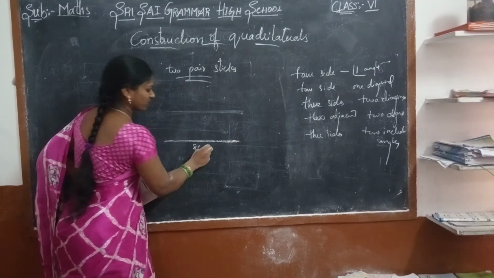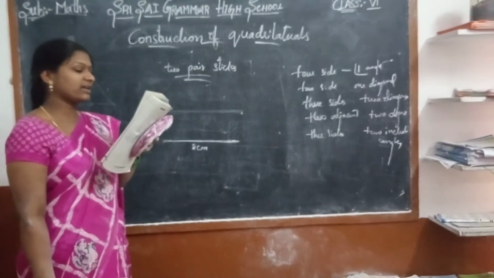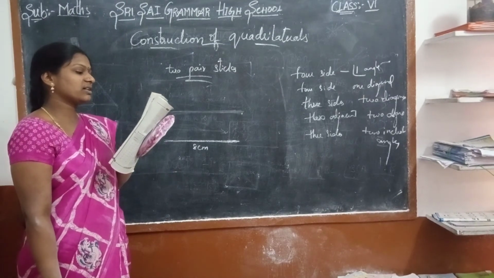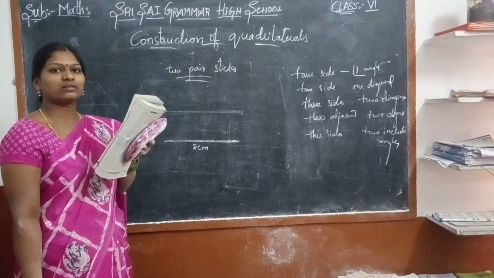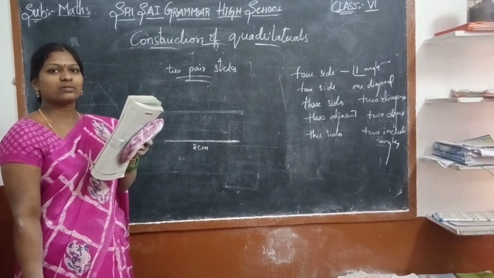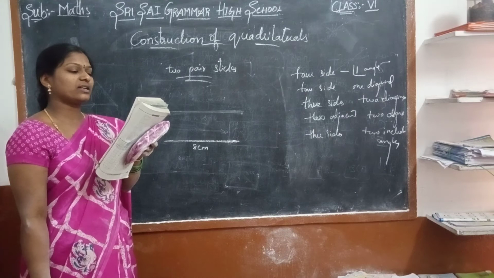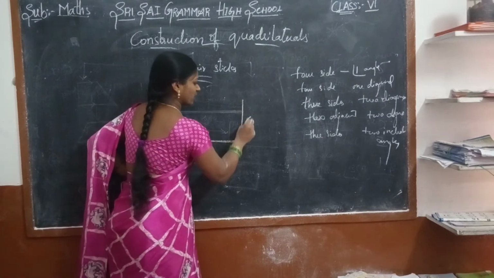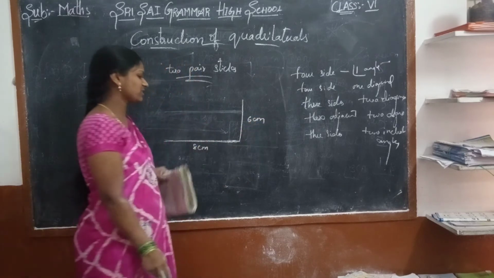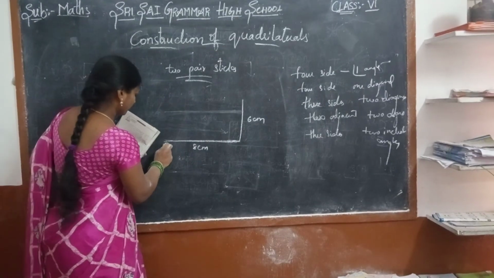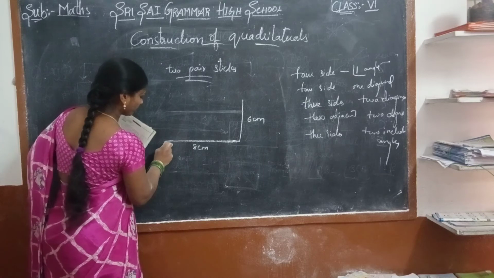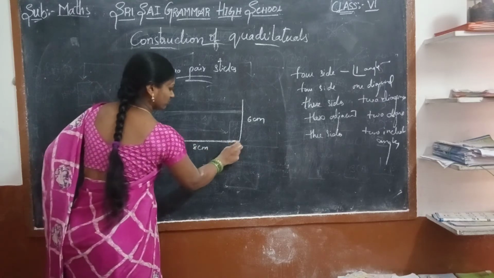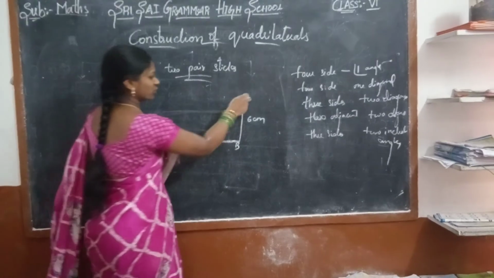Next, the stick of equal length, say 6 centimeters. You have to take the 6 centimeters. Let us represent it as AB. From here you draw this.